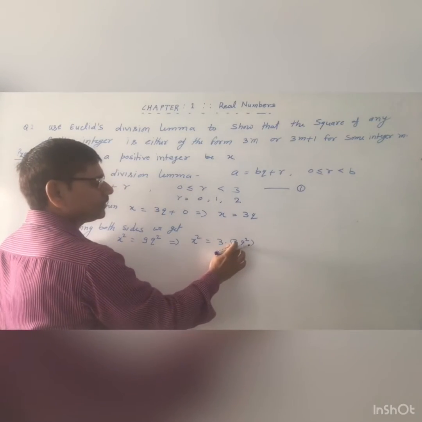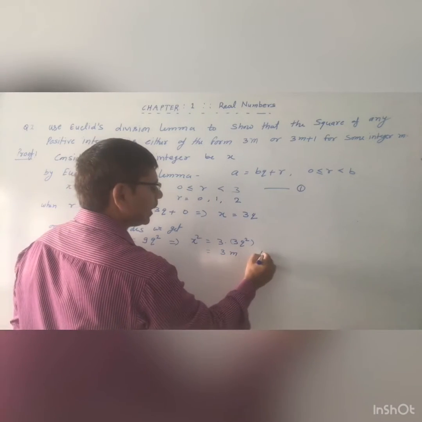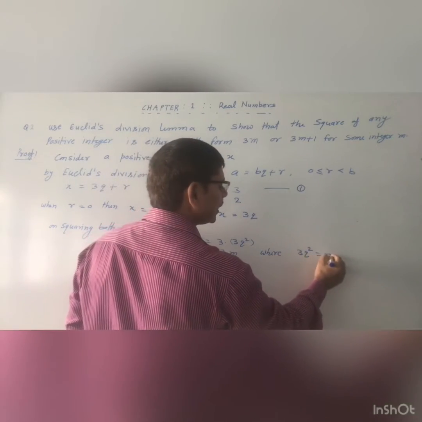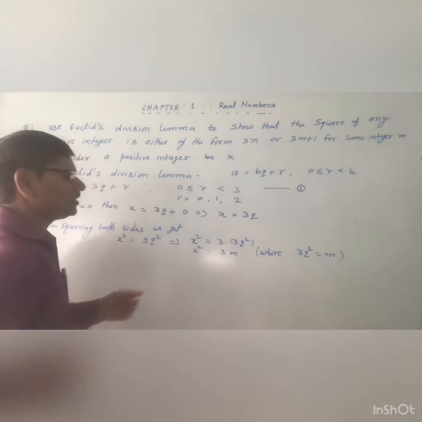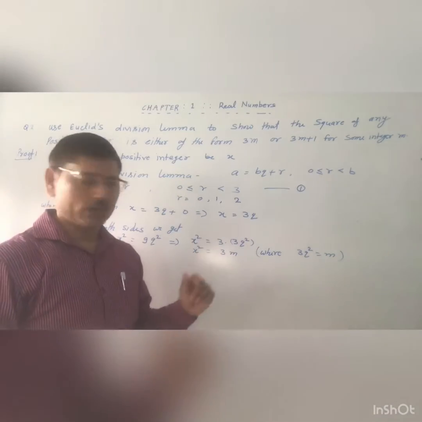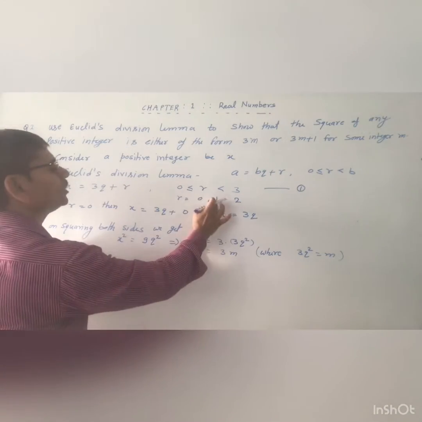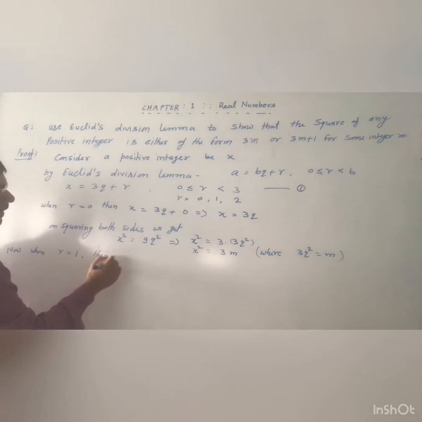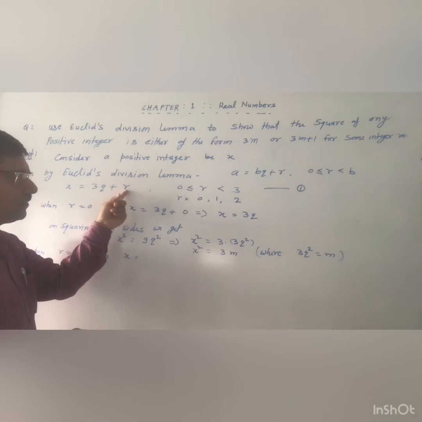Now you will write in this place m, that is 3m, where you replace 3q square by m. So you will get the square of any integer in the form 3m. Okay. Now the second condition, when r equal to 1, then you will get x equal to, replacing r by 1 from equation number first.